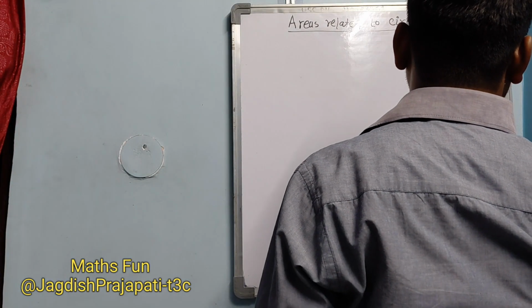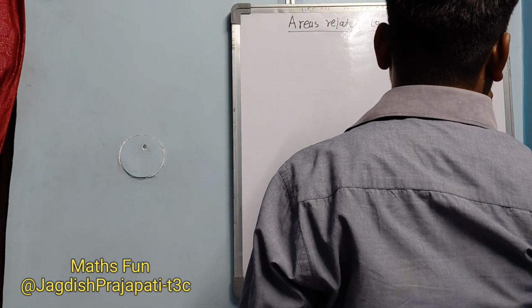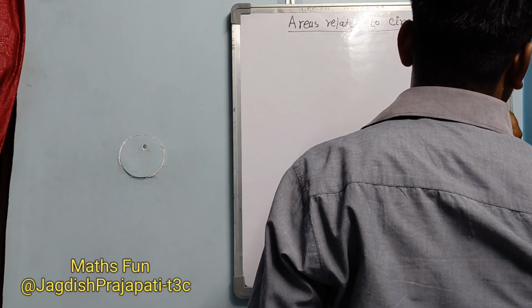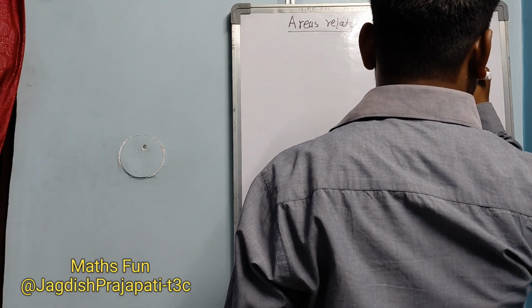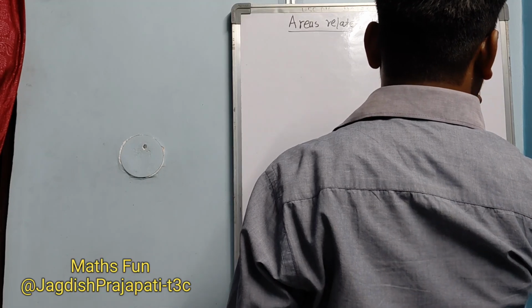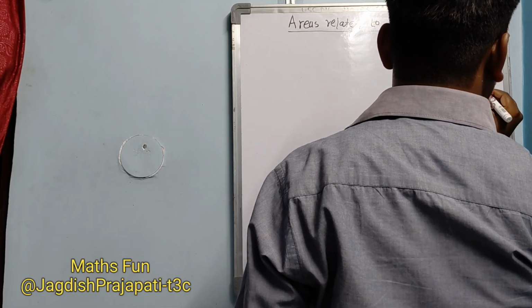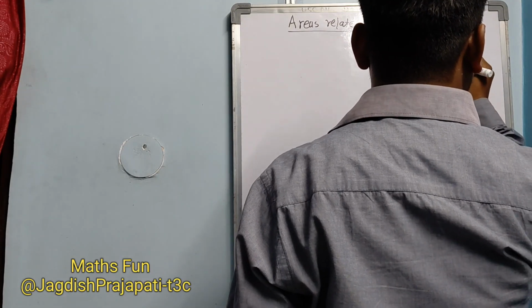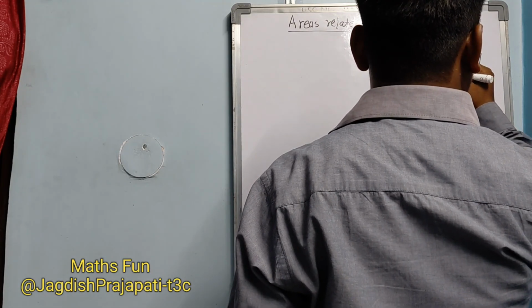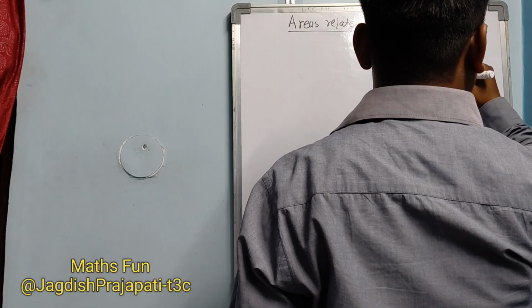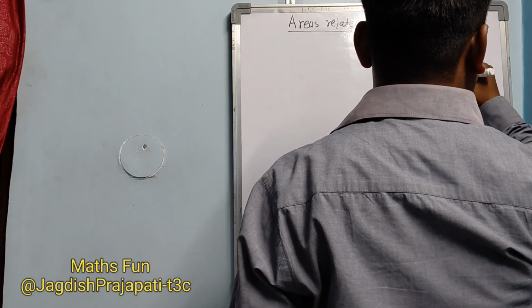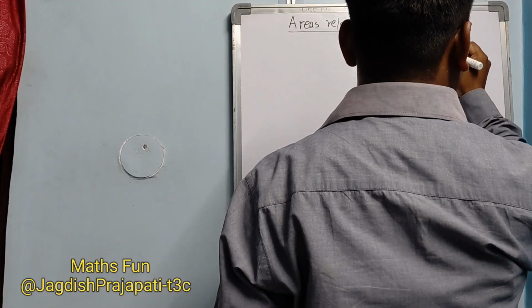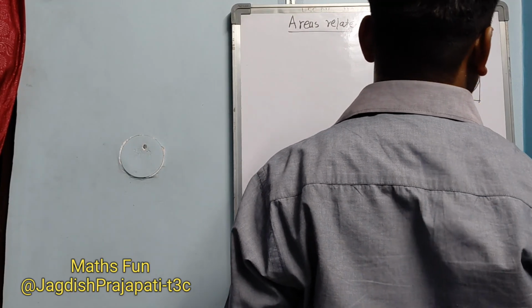So let's say this is the square, and this is a circle. This is a circle. Okay.